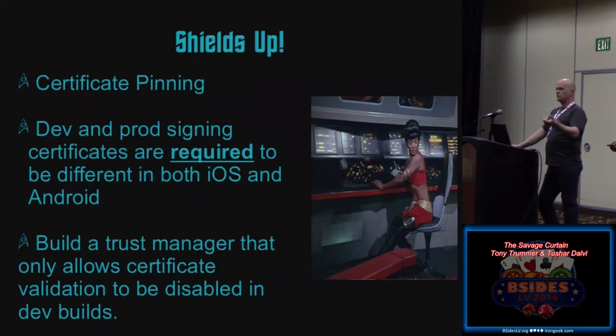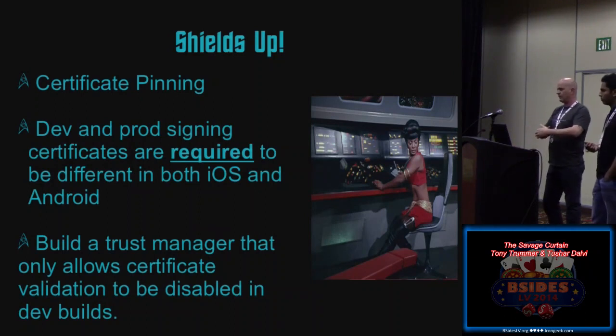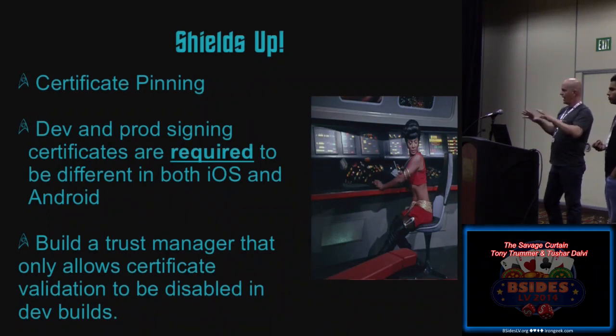Those can't be used to sign apps that you push to the stores. They will reject them, is our understanding. So we thought, well, why don't you build the code so that if you need to disable certificate validation in any way, if you absolutely need this functionality, have it check which certificate it's signed with.